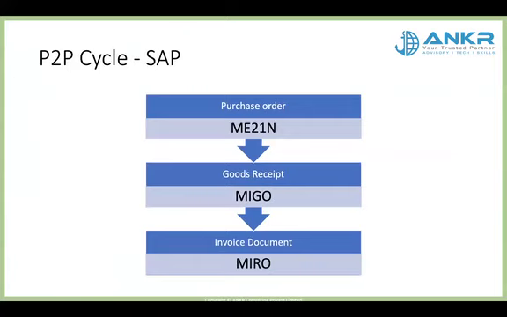Now, as we see, we are just doing a part of the P2P cycle, especially invoice verification, right? So what we are focusing on is, we will see how a purchase order is made, how a GRIR is made, and how we do invoice document verification, right?